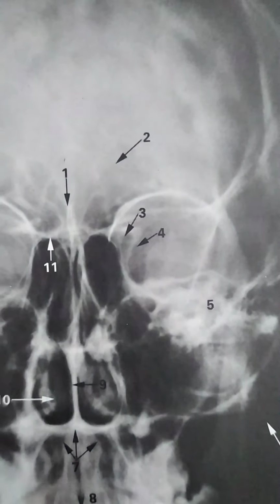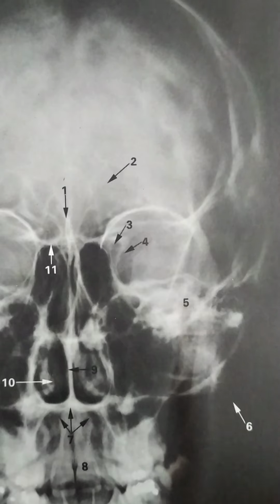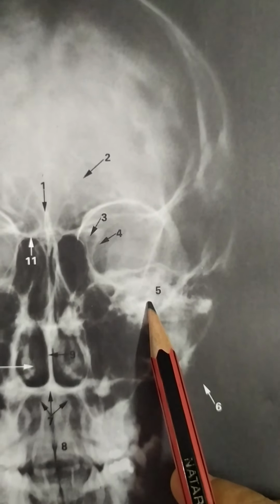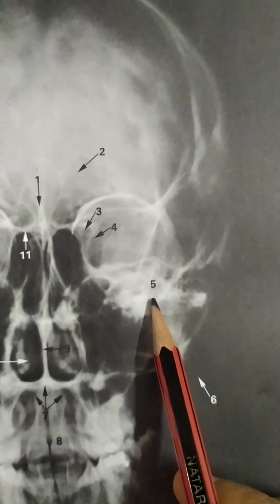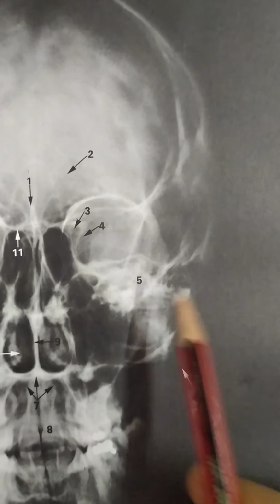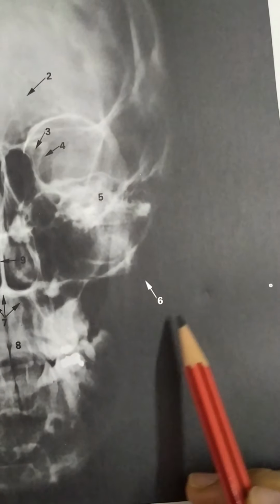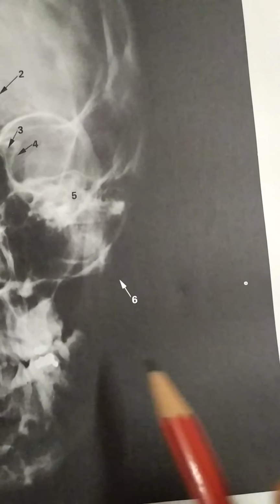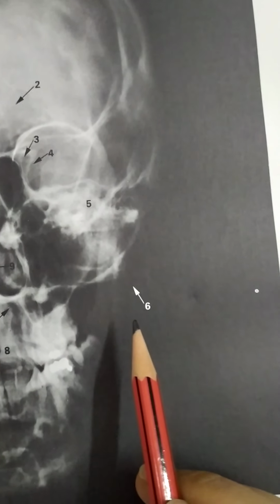Similarly, in the radiograph, this region corresponds to the superior orbital fissure. The point number 5 corresponds to the dense shadow of the petrous part of the temporal bone. Point number 6, although the region is blackened out, over here would be present the apex of the mastoid process.